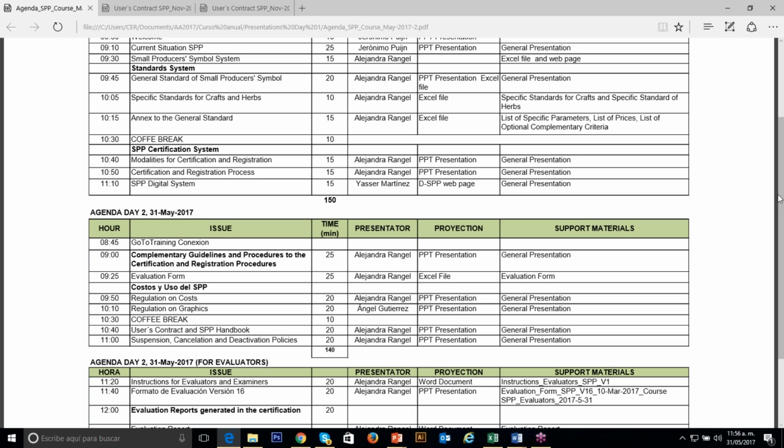Let me inform the participants that SOPACD was certified in 2012 about fair trade. Then, as we now have the SPP certificate, maybe we will keep this certificate until the end of the coffee trees in our country.